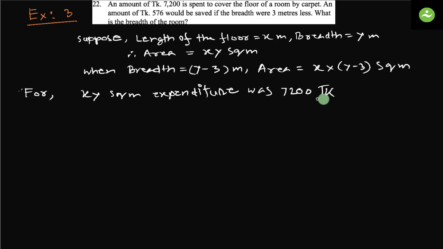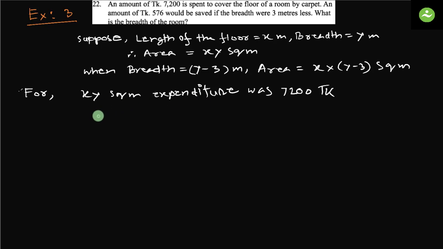We need to put this amount of taka on the right because we have to find how much money actually spent when breadth is 3 meters less. So we put the amount of money on the right and the square meter on the left.